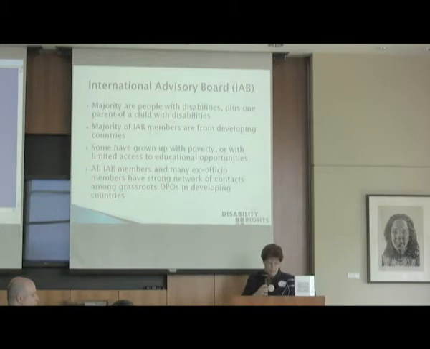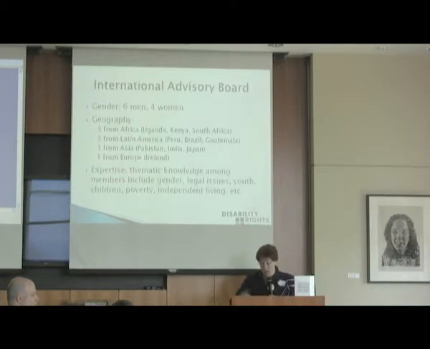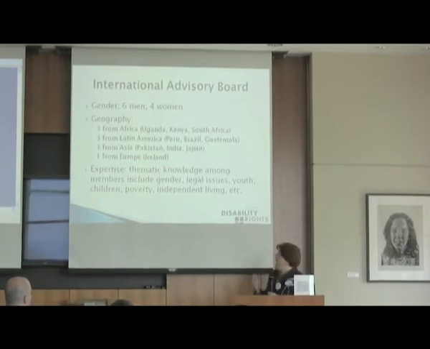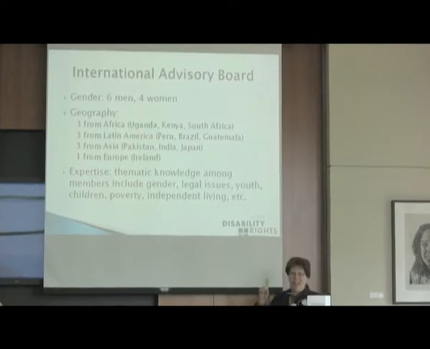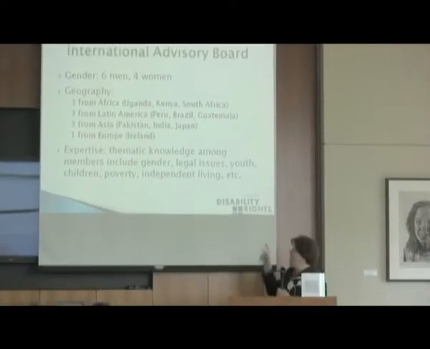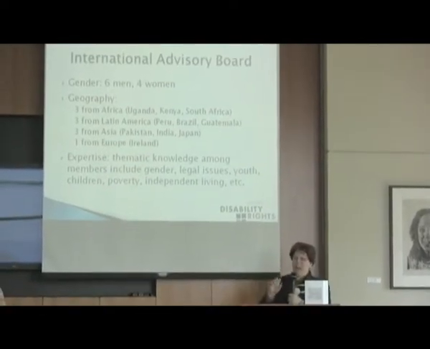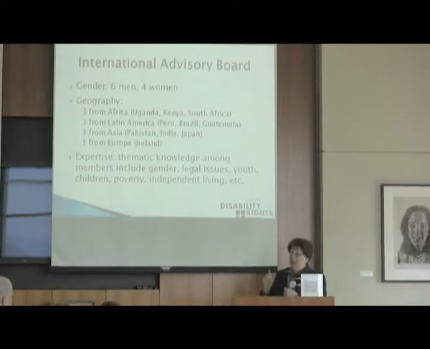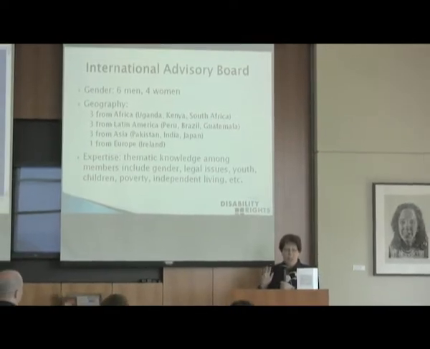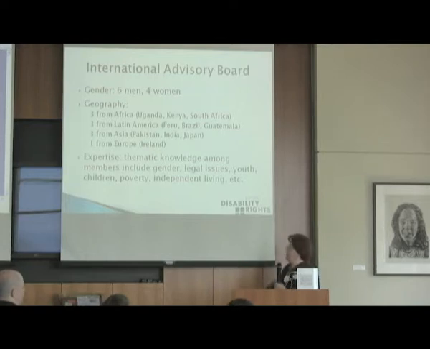We have 6 men and 4 women: 3 people from Africa, from Uganda, Kenya, and South Africa; 3 people from Latin America, Guatemala, Peru, and Brazil; 3 people from Asia, Pakistan, India, and Japan; and 1 person from Europe, Ireland.